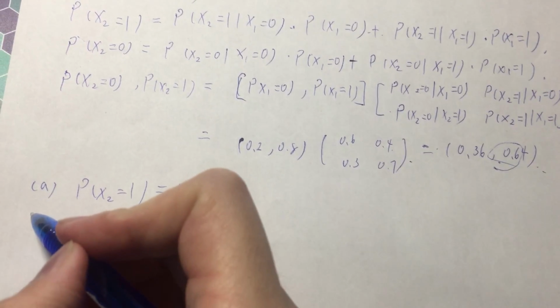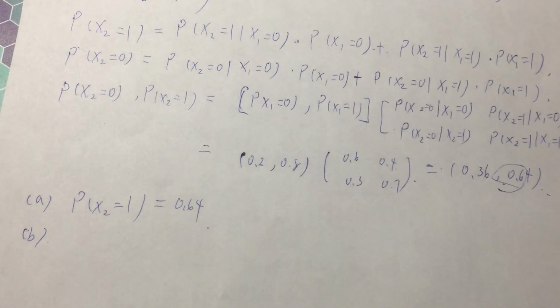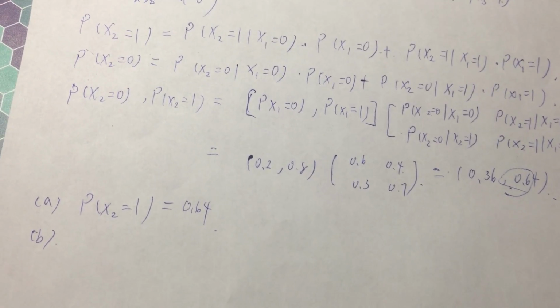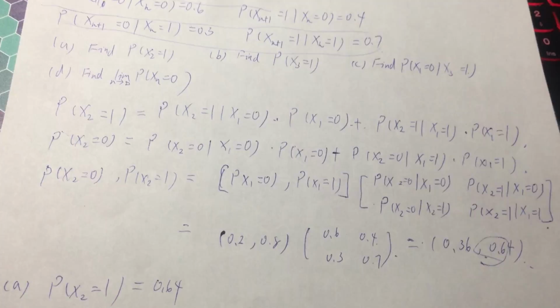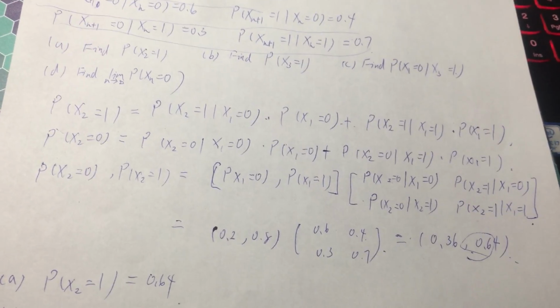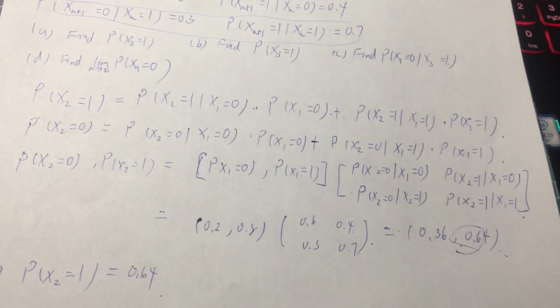Then we can begin part B. Part B requires you to find the probability x3 equals 1.